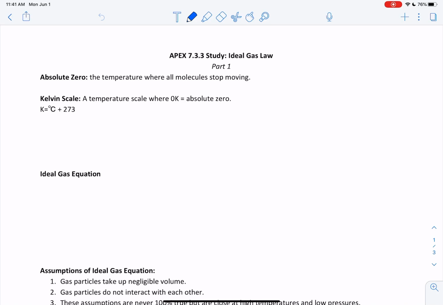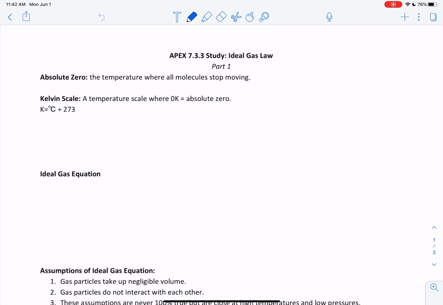Since this would be such a low temperature, there's a different temperature scale that scientists use, and it's called the Kelvin scale. So you've seen Fahrenheit and Celsius as different scales of temperature. There's actually a third one called the Kelvin scale. And it's based on this idea that 0 degrees Kelvin would be equal to absolute zero.